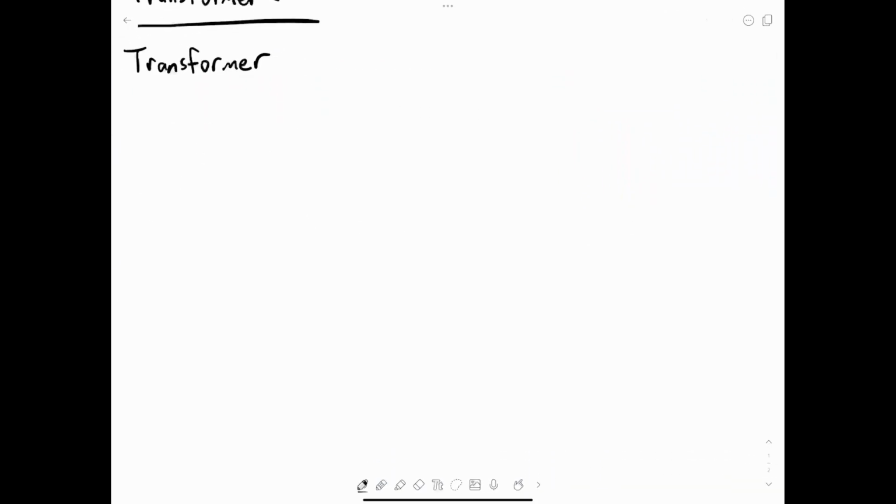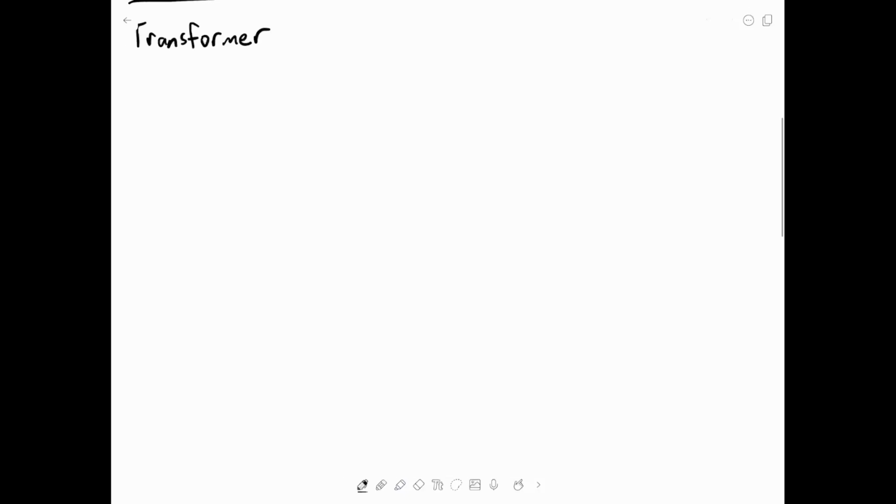Essentially, in a transformer, we're going to use our previous paradigm of embedding words into a vector space. So what that means is that we have a sentence like, for example, the dog jumped. This is an English sentence.